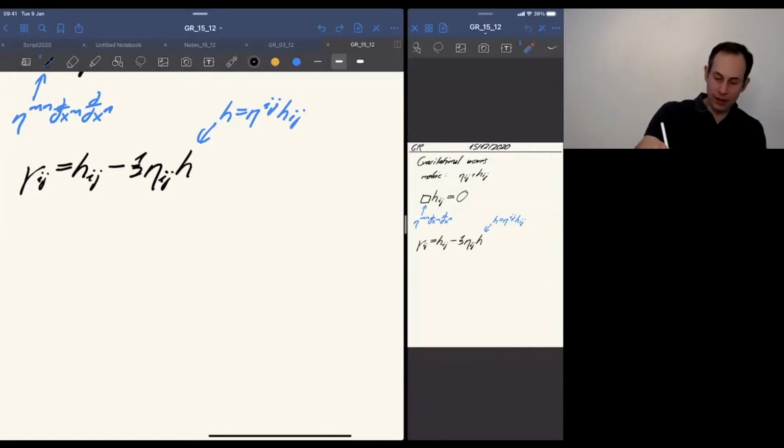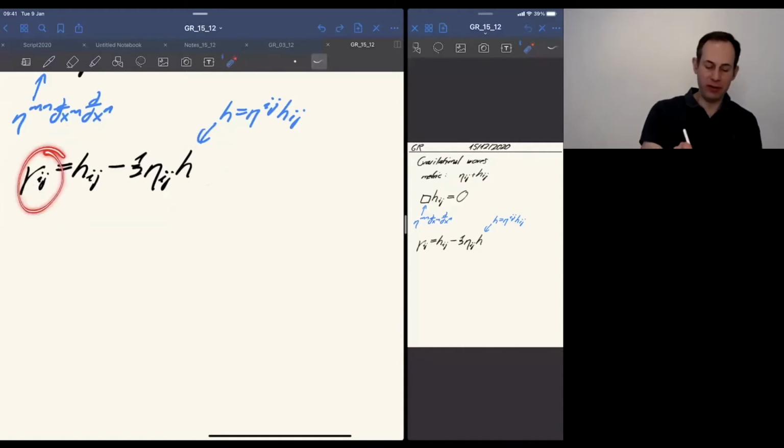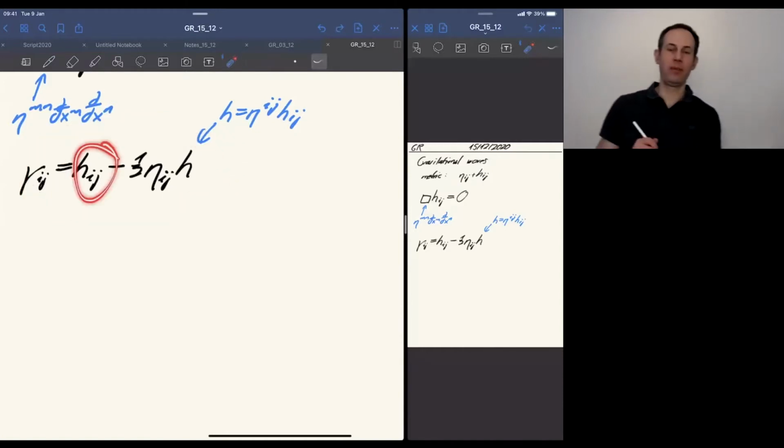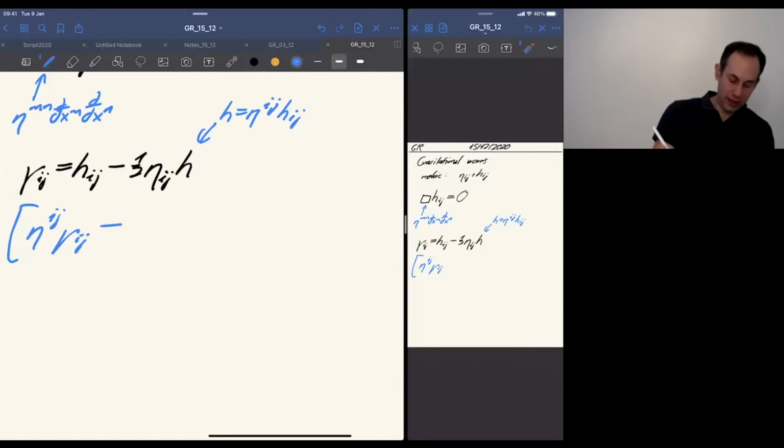Now, obviously you can see that the quantity gamma carries the same information as h. It's just a different representation. And it's sometimes called the reversed trace form of it. And the reason for that is that if you take the trace of gamma_ij, then on the right-hand side, you get just h, if you take the trace of this.